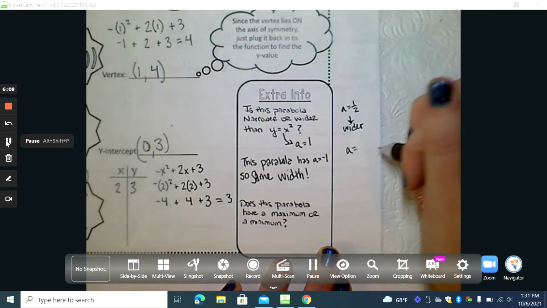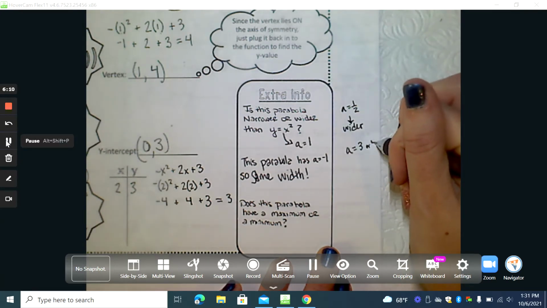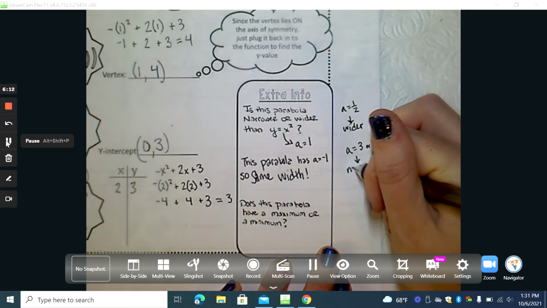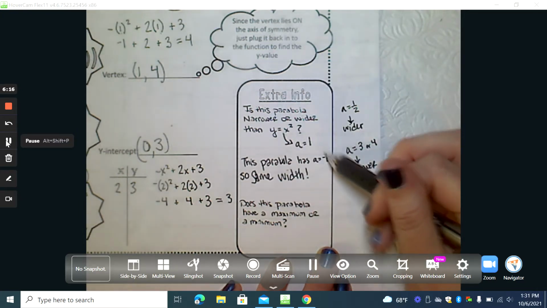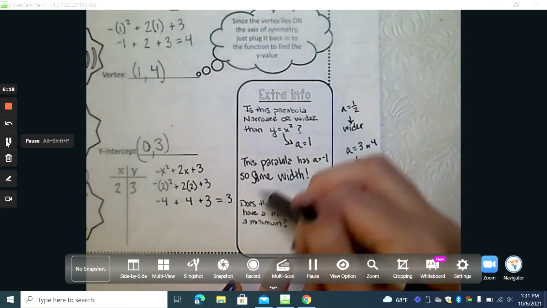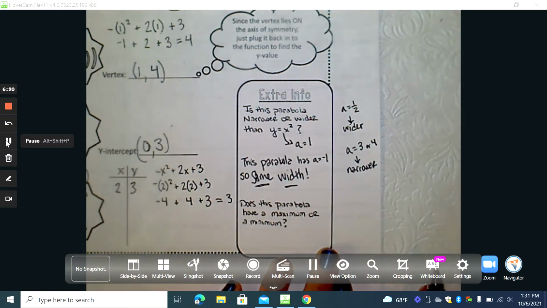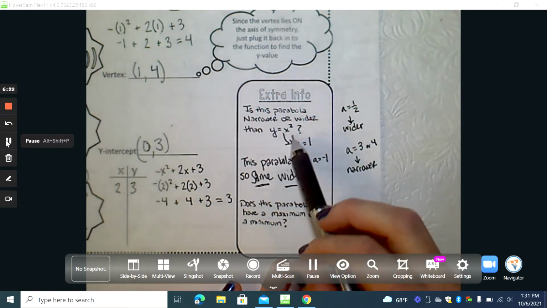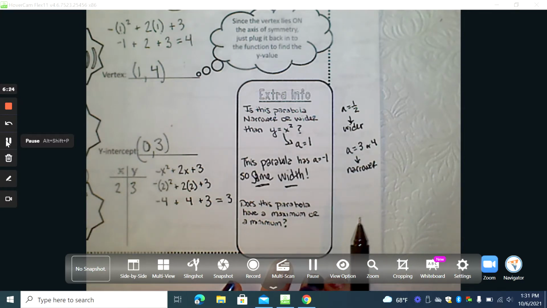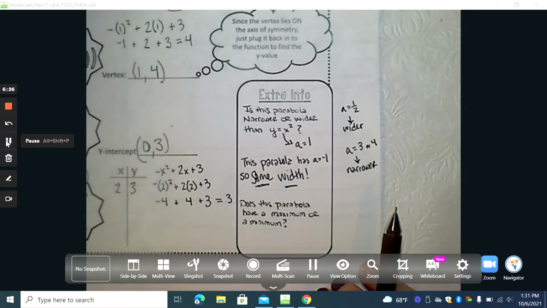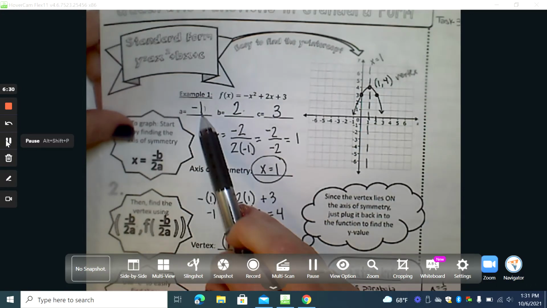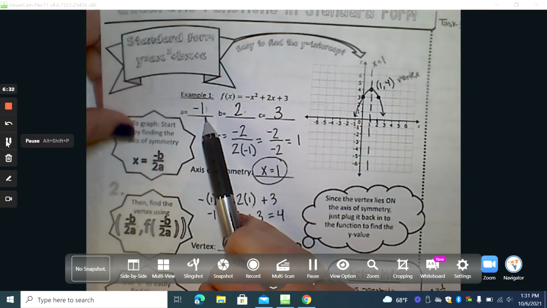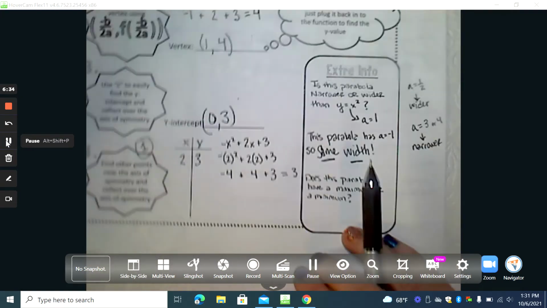If a was a bigger number, like 3 or 4, that's what makes my graphs narrower. But since this parabola is just -1 instead of +1, they have the same width as our normal parent function y equals x squared. So my width is all dependent upon that a value, whatever number's in front of x squared.